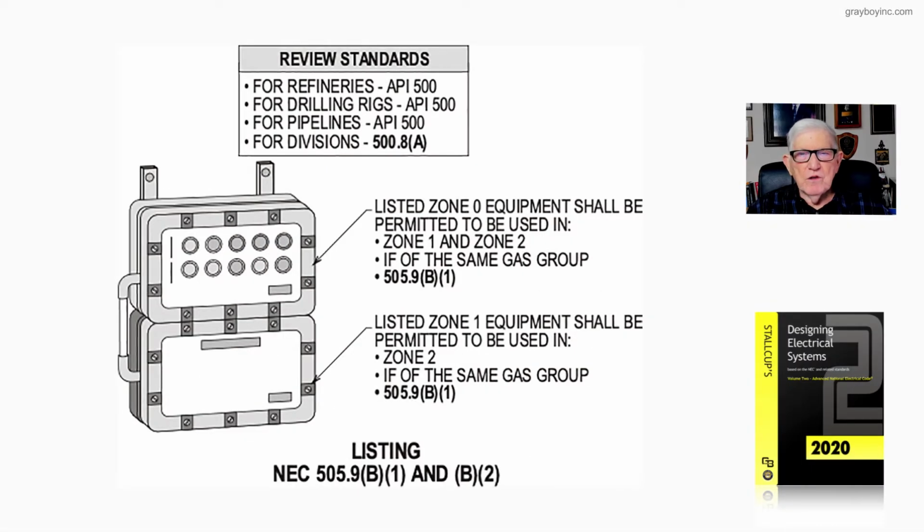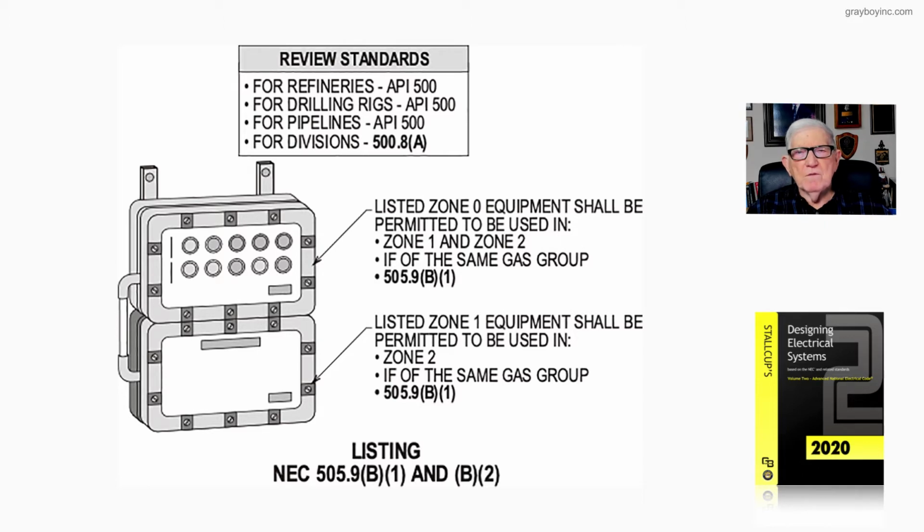Now this illustration 21-64 goes through the procedure of equipment that could be used in the zones. And then notice at the very top of the equipment illustrated there, we have review standards that are very helpful.